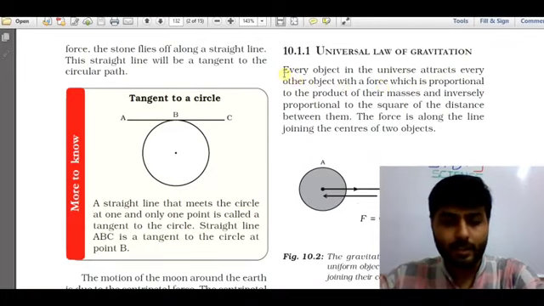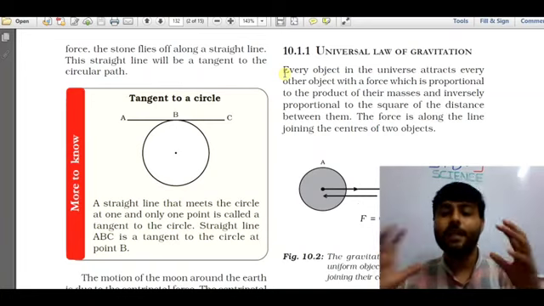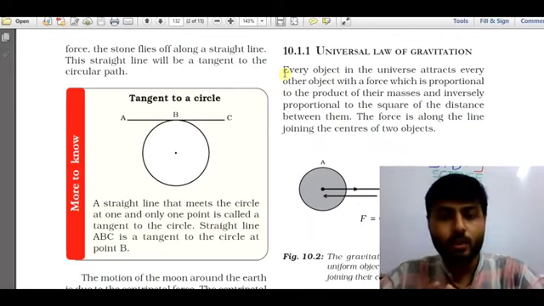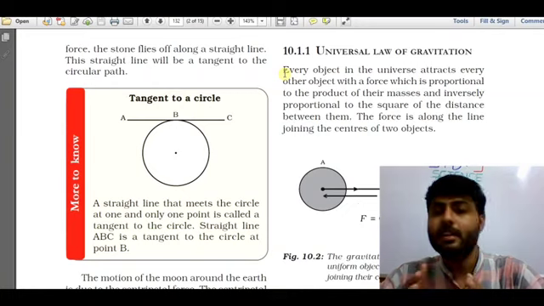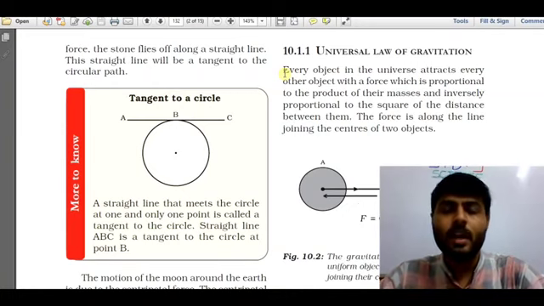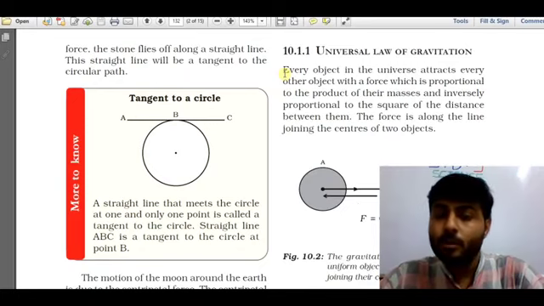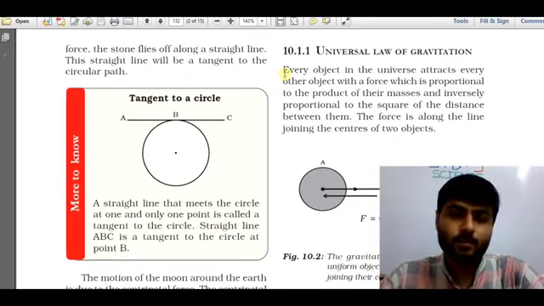Important point, first sentence. Every object in the universe attracts every other object with a force which is proportional to the product of their masses and inversely proportional to the square of the distance between them. Now we know there is some force which acts on every body in this universe, and we want to find the magnitude of this force.